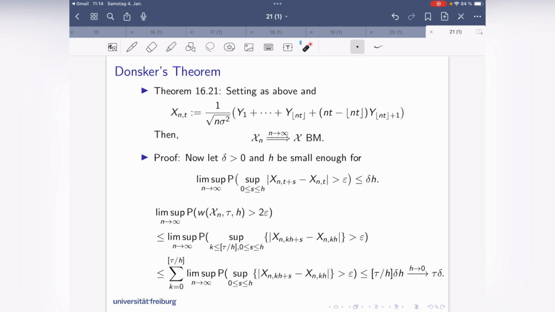I have at most tau divided by h summands, which means that it converges here to tau times delta. But delta can be arbitrarily small, which means we have shown that this here converges down to 0. And that's what we wanted to have, and we have finished our proof of Donsker's theorem.